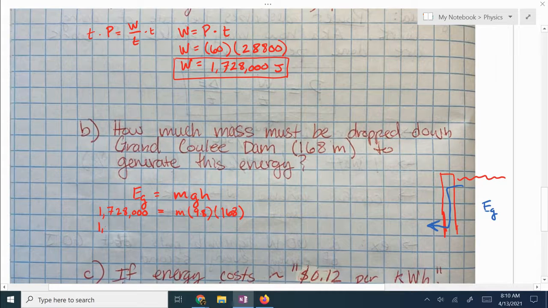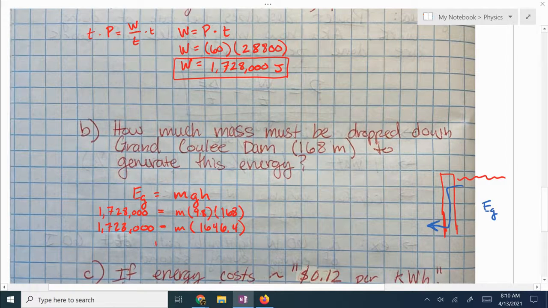So, do a little math here. 9.8 times 168 gives you 16,464.